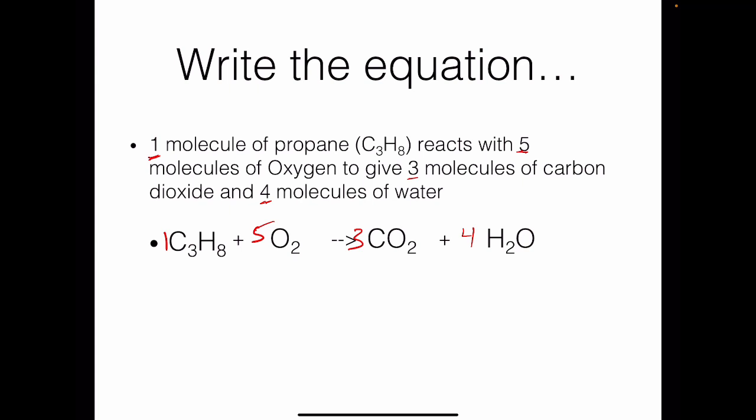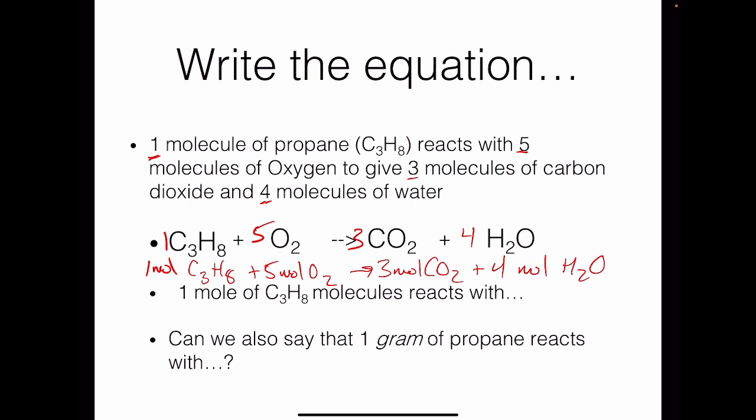So we could say that 1 mole of C3H8 molecules reacts with 5 moles of O2 molecules to produce 3 moles of CO2 plus 4 moles of H2O molecules. So, in other words, these coefficients represent moles.